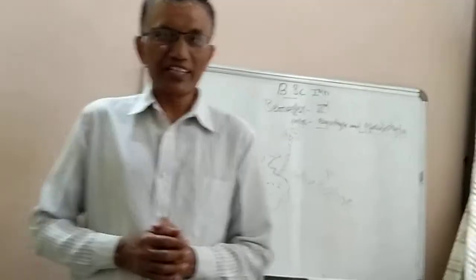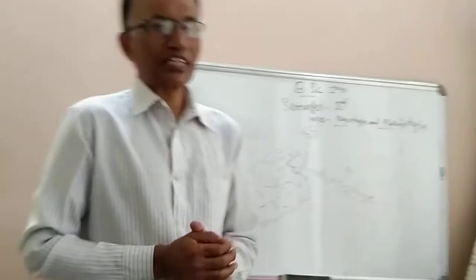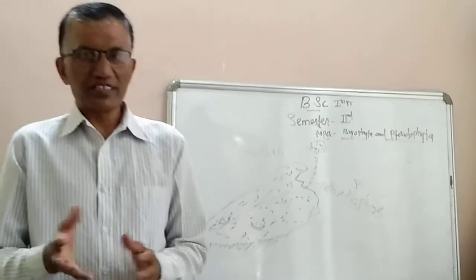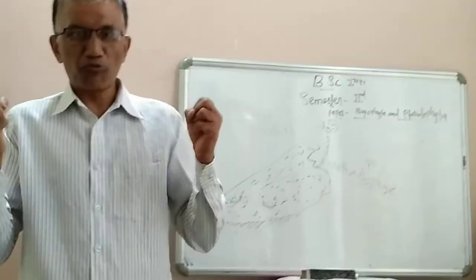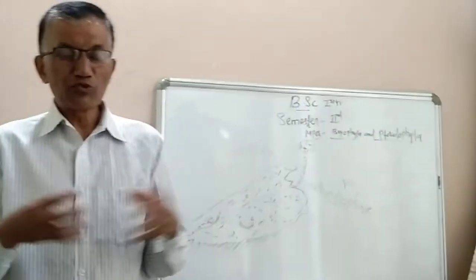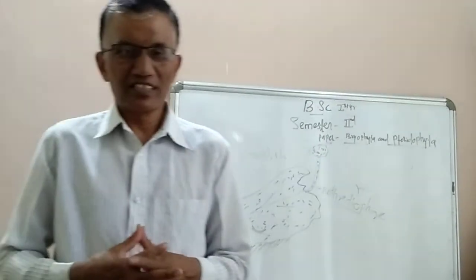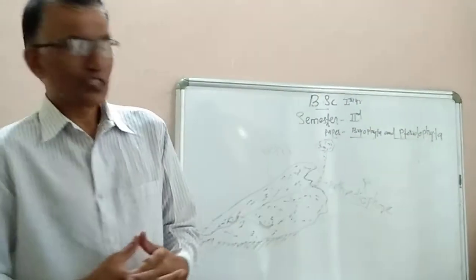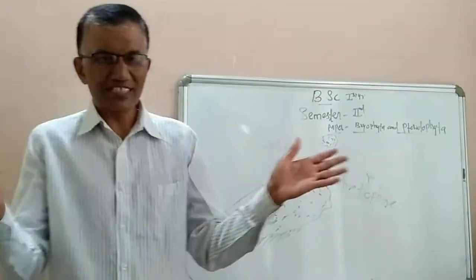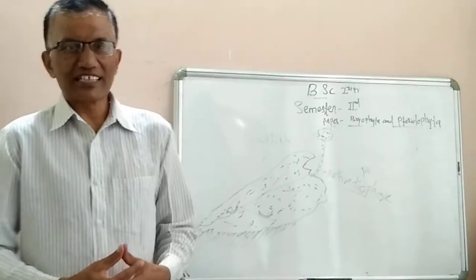During the dry period they are non-nucleated. When the rainy season begins, these elaters absorb water and swell, and due to the swelling there is a bursting of the capsule of the sporophyte of Marchantia. Due to the bursting, the spores are released in the rainy season.